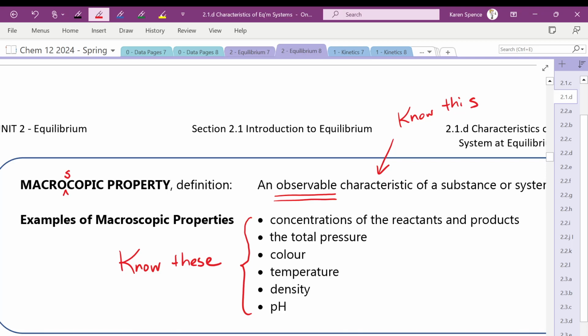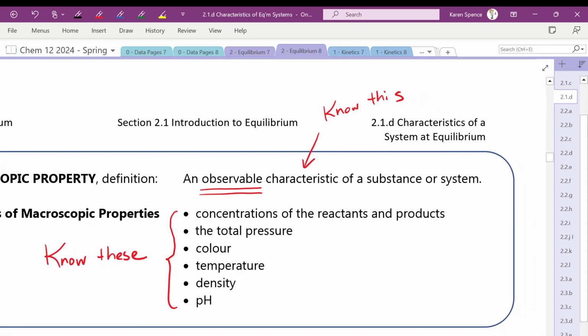Okay, we are on page 18. So what are some macroscopic properties? Concentration is a macroscopic property. Pressure is a macroscopic property.